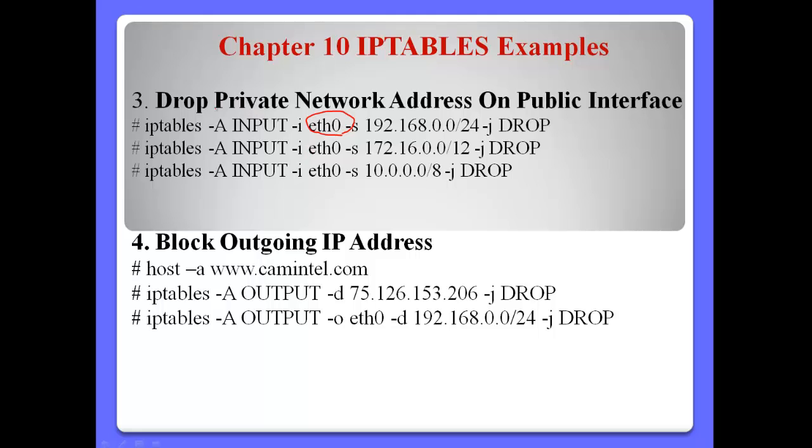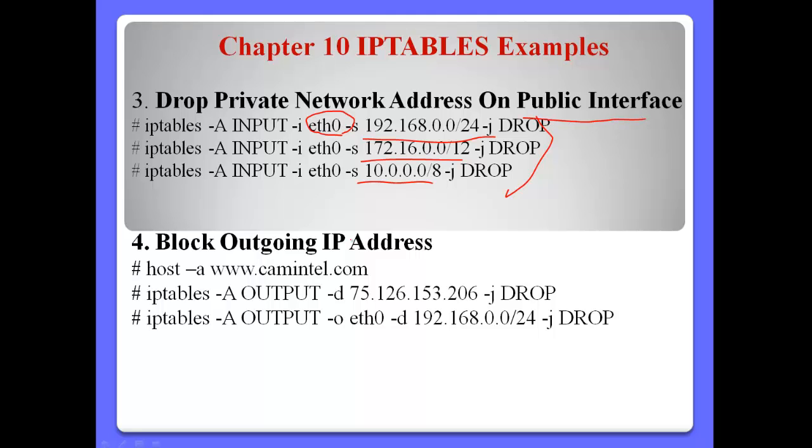So for example, 192.168.0.0, 172.16.0.0 and 10.0.0.0 are normally the private network addresses. This kind of private network address cannot be used on the internet. So in this case, we have to drop this kind of IP address on the public interface.